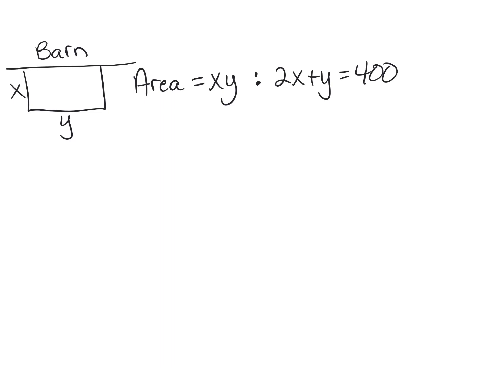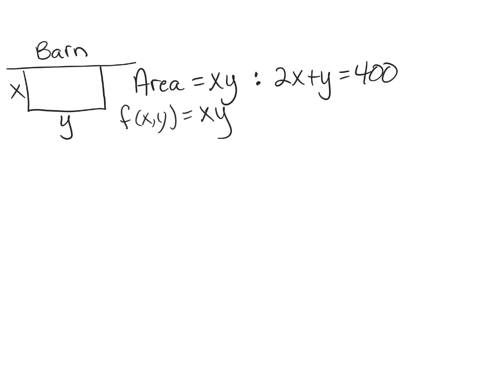Okay, so here we go. We have the same problem, but now our f of x y will be the area function. And we have this constraint in that the x here and the x here plus the y here must equal 400. So we're going to do this in the most awesome way ever.